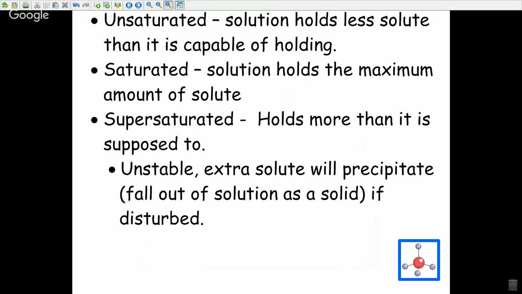And this is oftentimes used in hand warmers because when it solidifies, it releases heat. So that's a good example of a supersaturated solution.